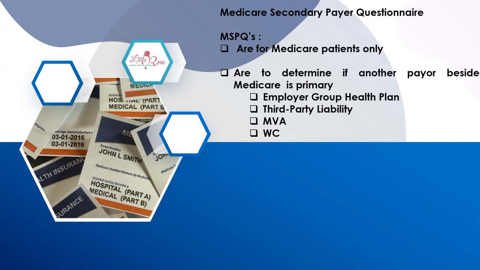MSPQ, Medicare Secondary Payer Questionnaire, are for Medicare patients only. They are to determine if another payer besides Medicare is primary, such as an employer group health plan, third-party liability, motor vehicle accident, or workers' compensation.